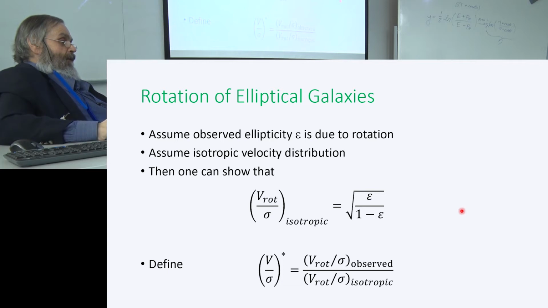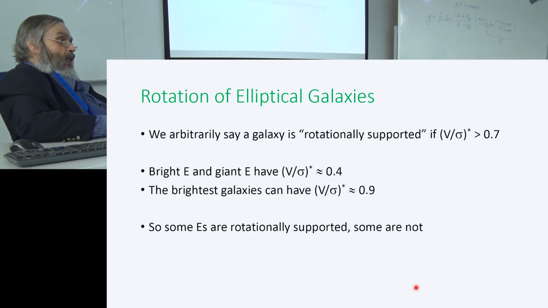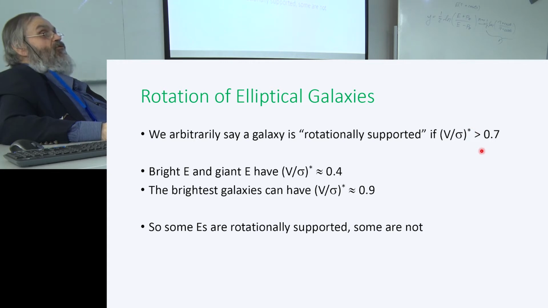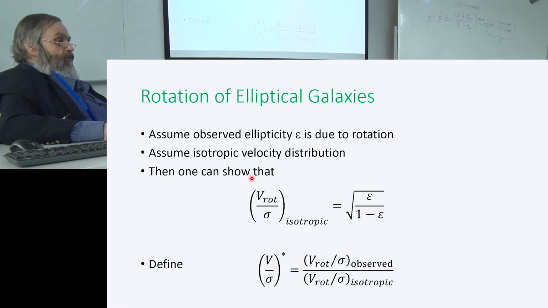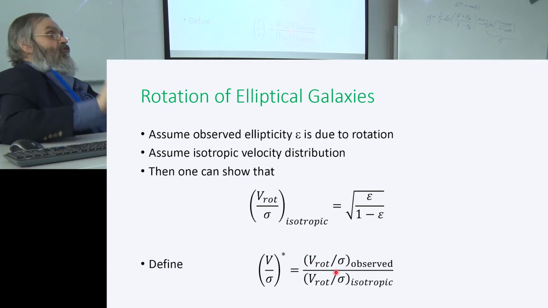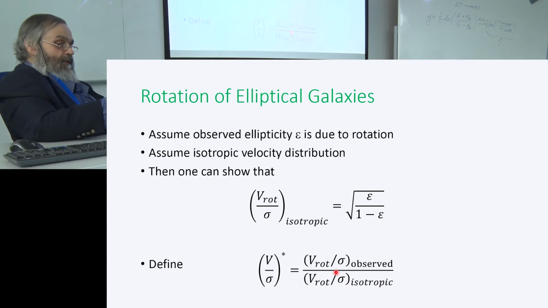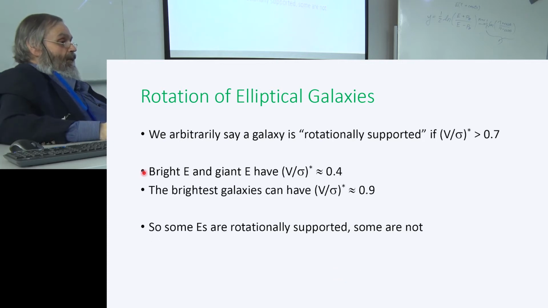So we then define V over sigma star to be V rot over sigma observed over the isotropic value. And we arbitrarily say a galaxy is rotationally supported if the actual value is greater than 0.7 of the isotropic value, okay? So remember, the isotropic value will give you that value of sigma. So if the observed value is greater than 0.7 of the isotropic, we say, okay, it's essentially the isotropic value, and that's where the eccentricity is coming from.